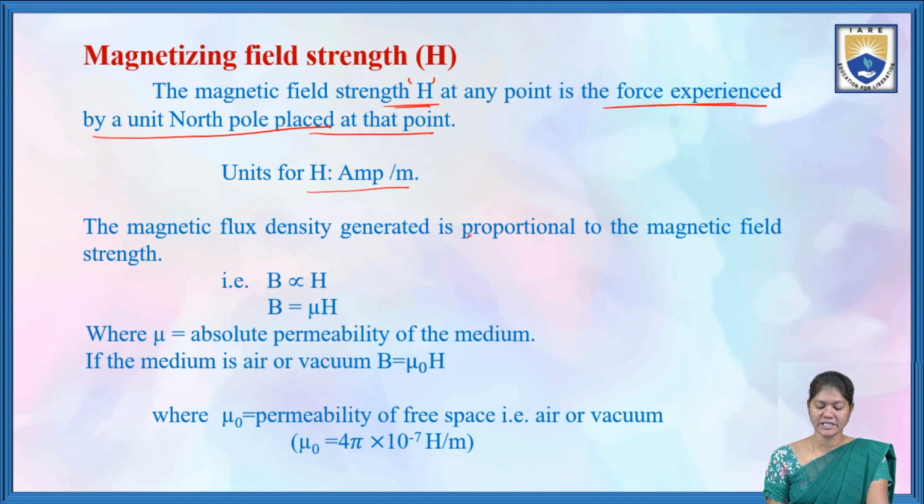The magnetic flux density generated is proportional to the magnetic field strength.